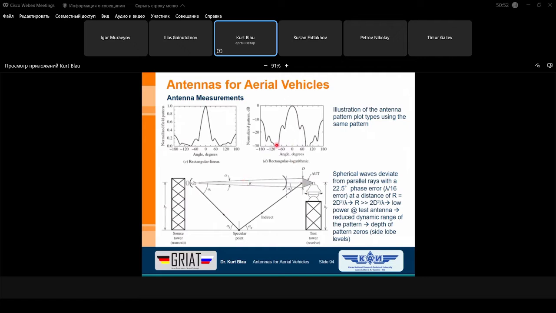And if you look at plus minus 180 degrees, this is the back side, where we have a higher level. In this case, if the tower is of reflective material, this also can cause additional radiation.